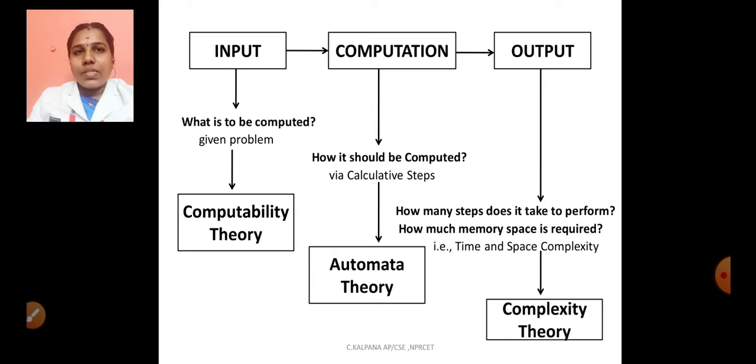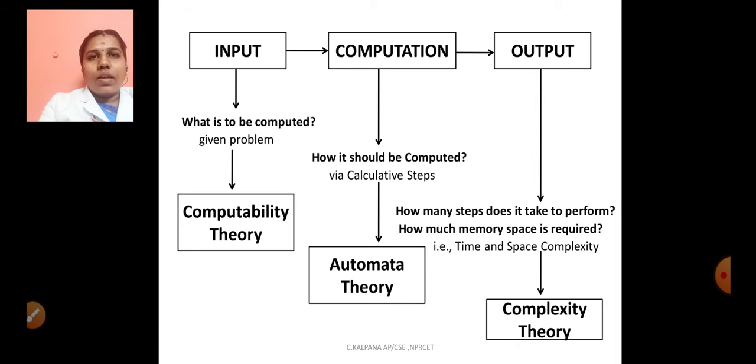So input represents what is to be computed. It is based on the given problem, which is called computability theory, and output represents where it can be stored, that is called complexity theory. In between input and output is the computational process, how it should be computed. So it has several calculative steps. It is based on the problem. It is called automata theory.